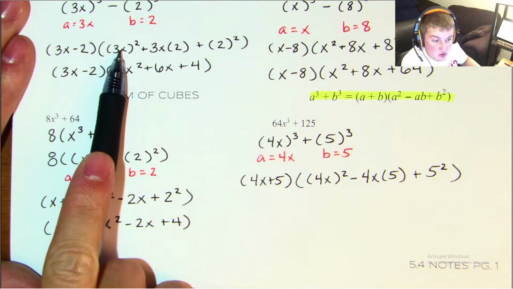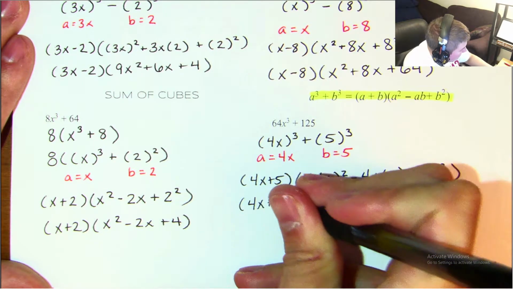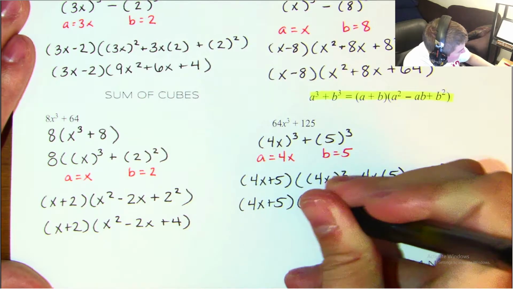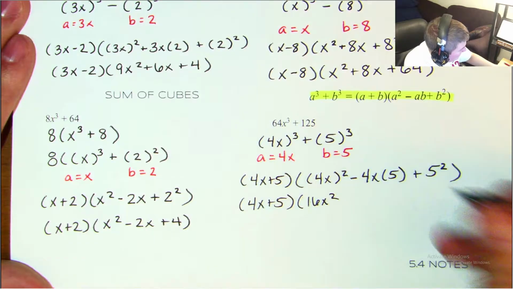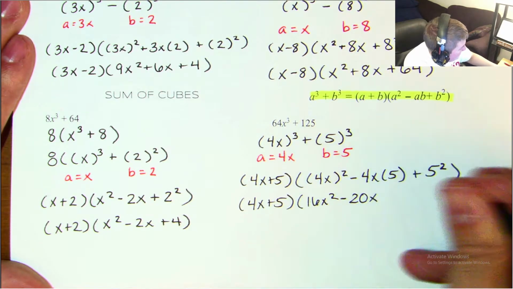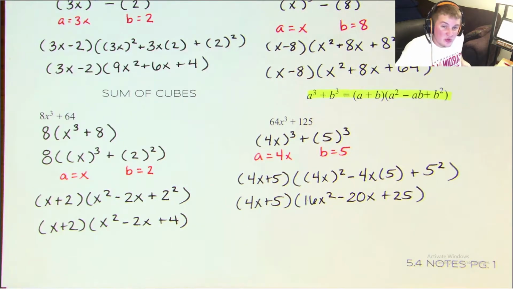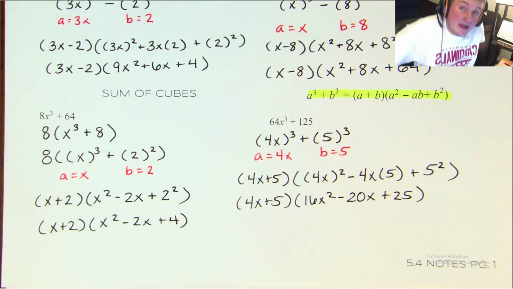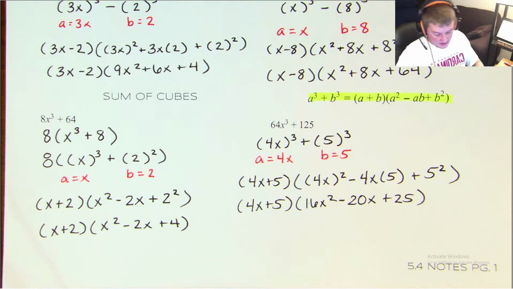So we have 4x plus 5, times 16x squared, because 4 squared is 16, minus 4x times 5, which is 20x, and then plus 25. Again, if you do the formula correctly, this back part will just not be able to be factored.